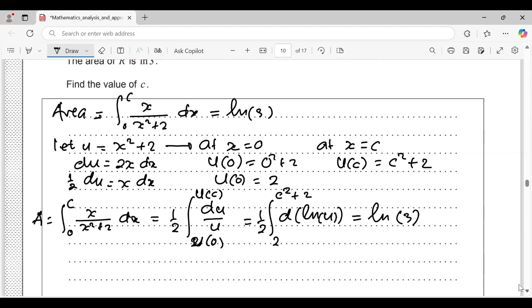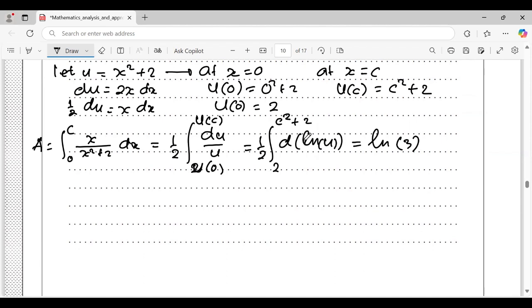Now, next we're going to substitute c squared plus 2 and 2 into ln u.